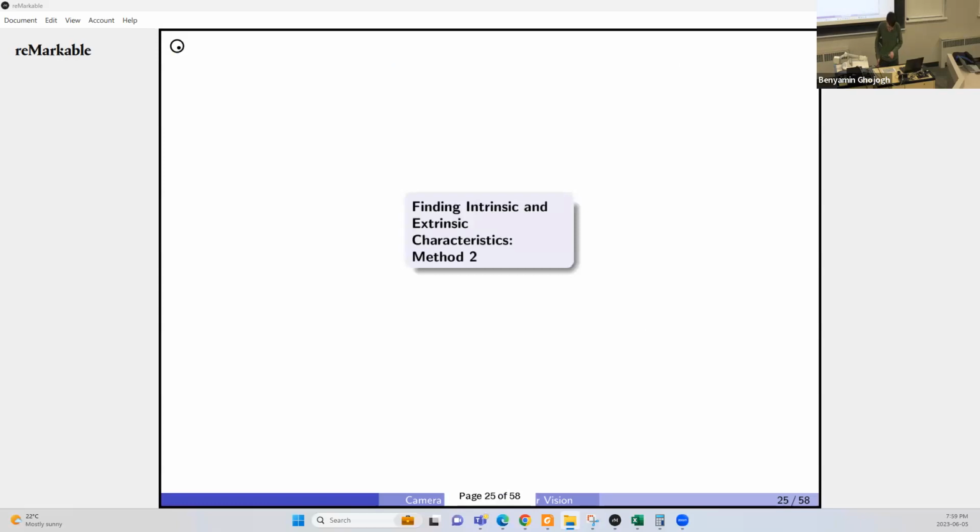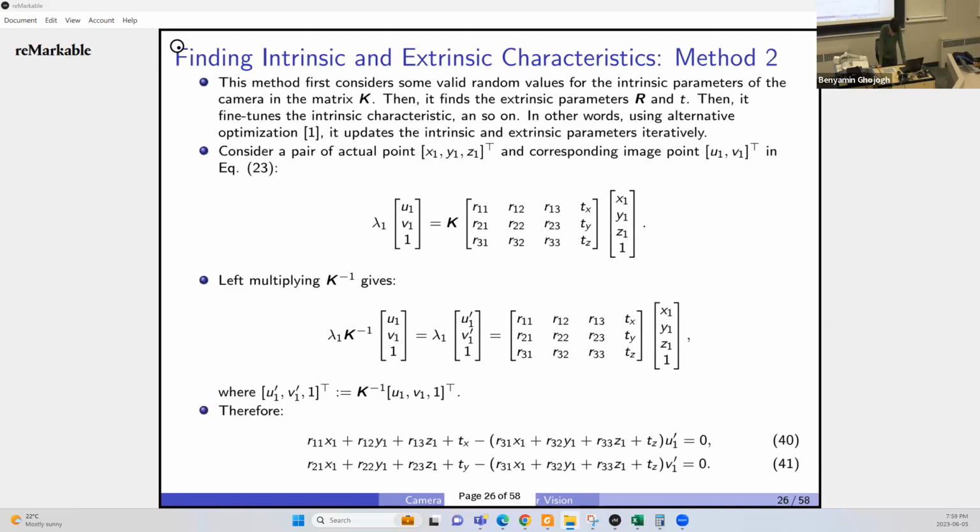Okay. Now, let's find intrinsic and extrinsic characteristics method 2. Okay, so we talked about method 1. This method first considers some valid random value. So this is iterative. It doesn't assume that we know the mapping matrix anymore.